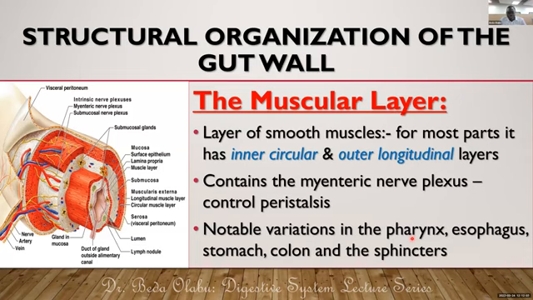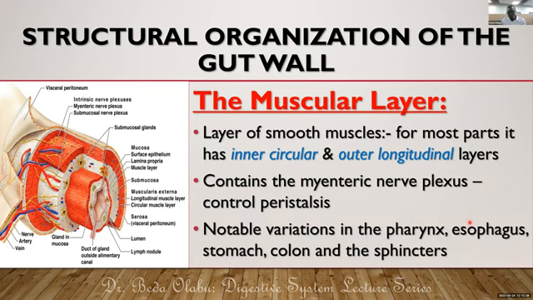So that is one unique thing about the pharynx. The other unique thing is that the orientation of the muscles of the pharynx is different. For the pharynx, we have inner longitudinal and outer circular layers of skeletal muscles. So take note of those two unique variations for the pharynx in terms of the muscular layer.